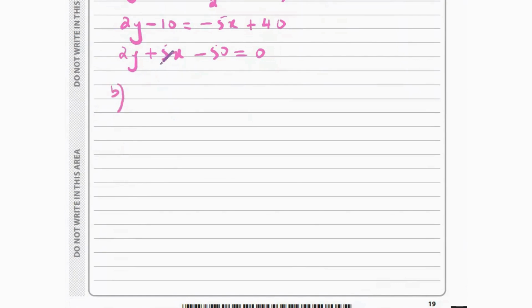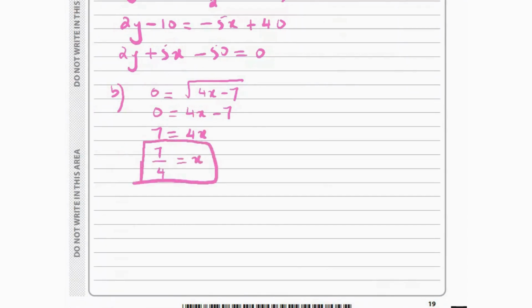So for the first one, 0 equals to root of 4x minus 7. That 0 equals to 4x minus 7. 7 equals to 4x. 7 over 4 equals to x.